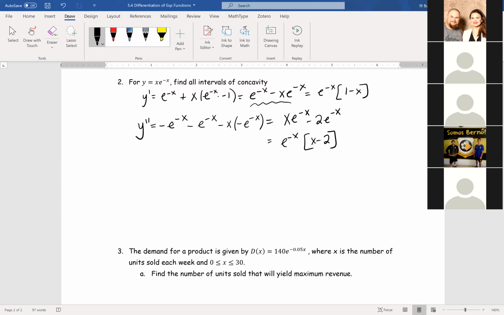I know that factoring is always something that people hate to do, but it's actually really important in this case. The reason is, if I want to find the concave up and concave down portions, then I've got to set this thing to 0 to find my inflection points. But there's no way for this part to be 0.